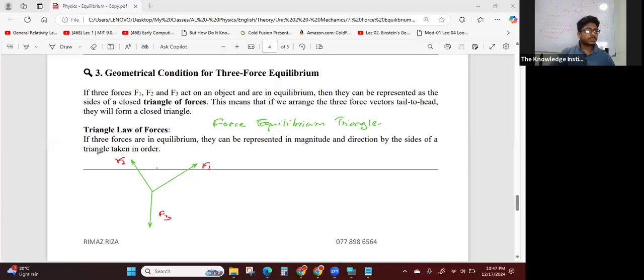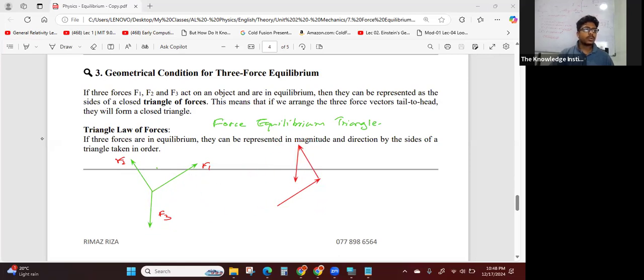Let's see whether, if we have something like these three forces F1, F2, and F3, they are in equilibrium or not. What you can do is take each and see whether you can form a triangle.